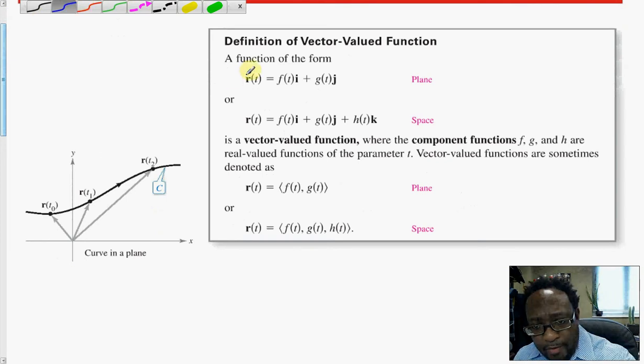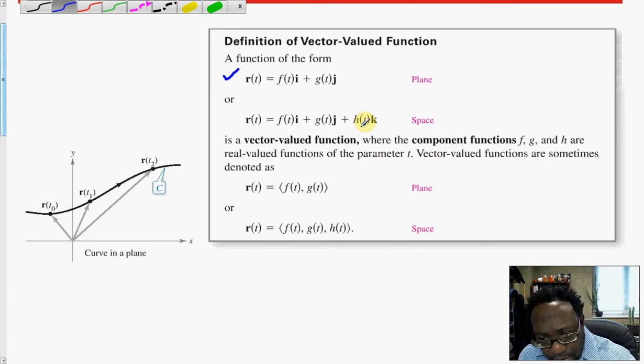So here we have a vector r of t, and it has function components f of t and g of t if we're in the plane, the xy space, or if we're in the three-dimensional space, the x, y, z space, then this particular path or position vector r of t has components f of t, g of t, and h of t.